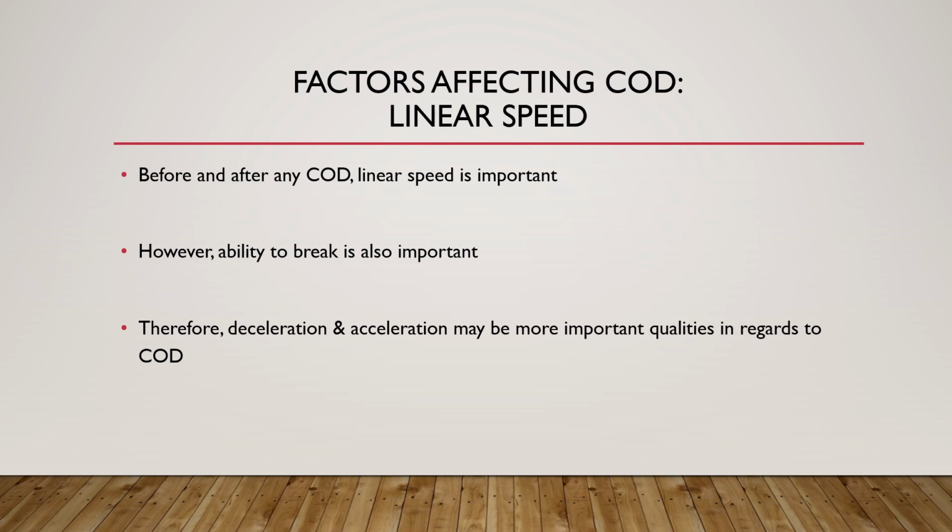Added to that, it's also the individual's ability to brake that's going to play a significant role in any change of direction, because the greater capacity for braking and therefore decelerating is going to play a significant role in the individual's ability to change the direction of travel.